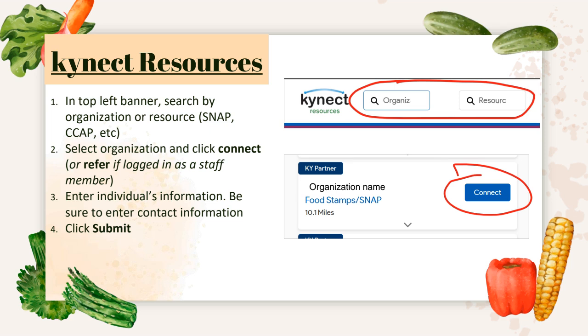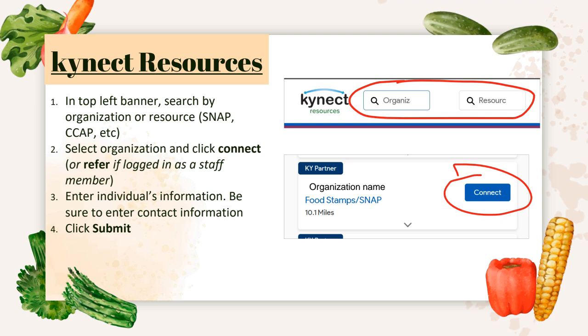Then let's go ahead and take a look at Connect Resources. Again, we're going to do just a very high-level overview here, simply because it requires getting that profile to be able to submit a referral. But on Connect Resources, you can search by organization if you know a particular organization. For example, Feeding Kentucky is a very large organization in Kentucky that has a number of different food banks all across the state.